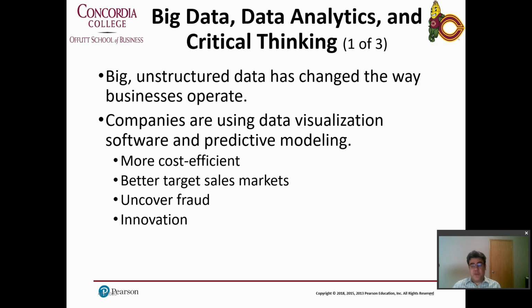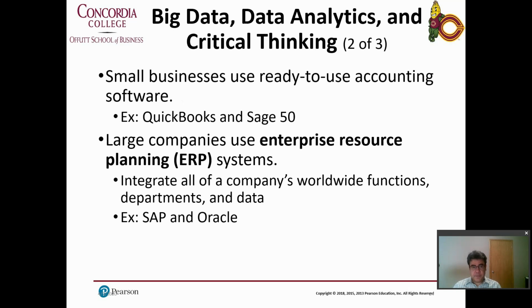They are the future for sure. And then small businesses are also ready to use accounting software. So we are moving this big technology from big companies to small companies.